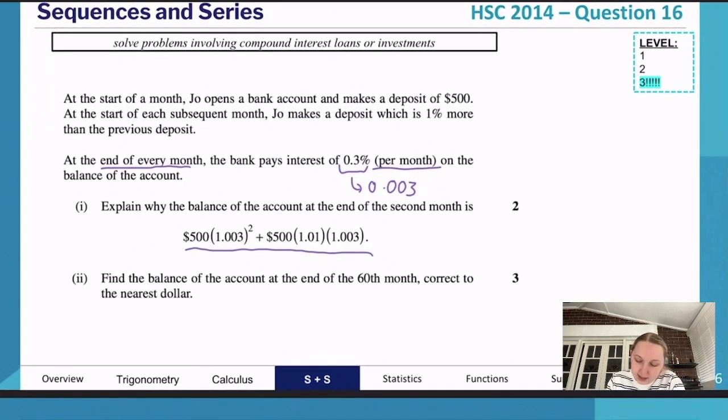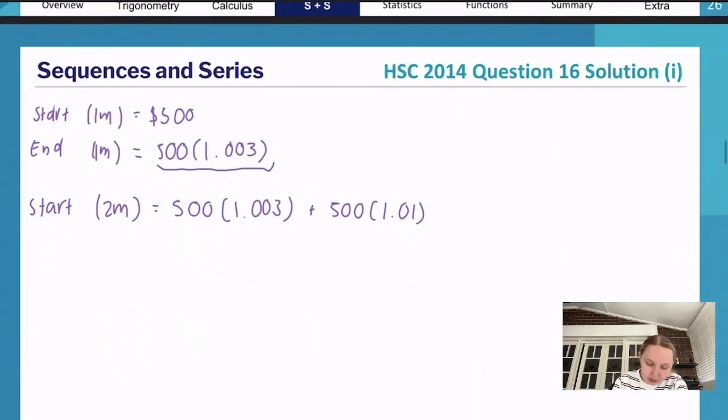Because each time she makes a deposit 1% more than the previous deposit. Okay, then let's think about the end of the second month. All of this is going to have earned some interest.